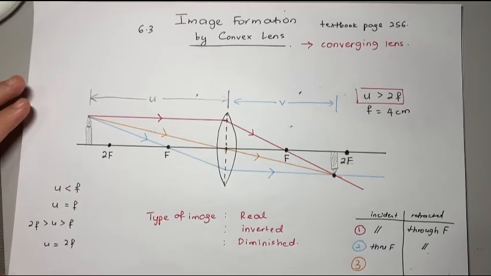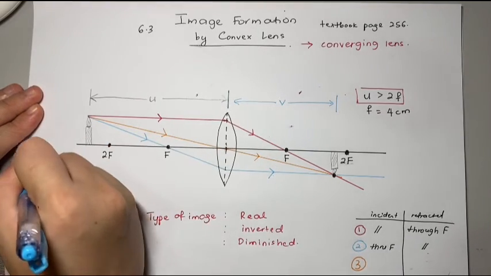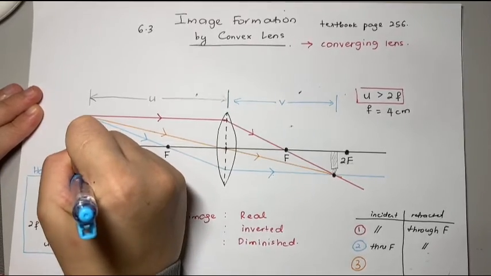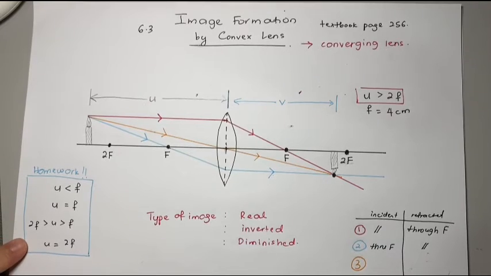Alright, so this would be your homework. I want you to draw image formation by convex lens at these four different object distances: U less than F, U equals to F, U in between F and 2F, and also U equals to 2F. Alright, you do that and upload your ray diagrams in WhatsApp group or in Google Classroom, and then we'll discuss about the answer in our next Google Meet. Thank you.